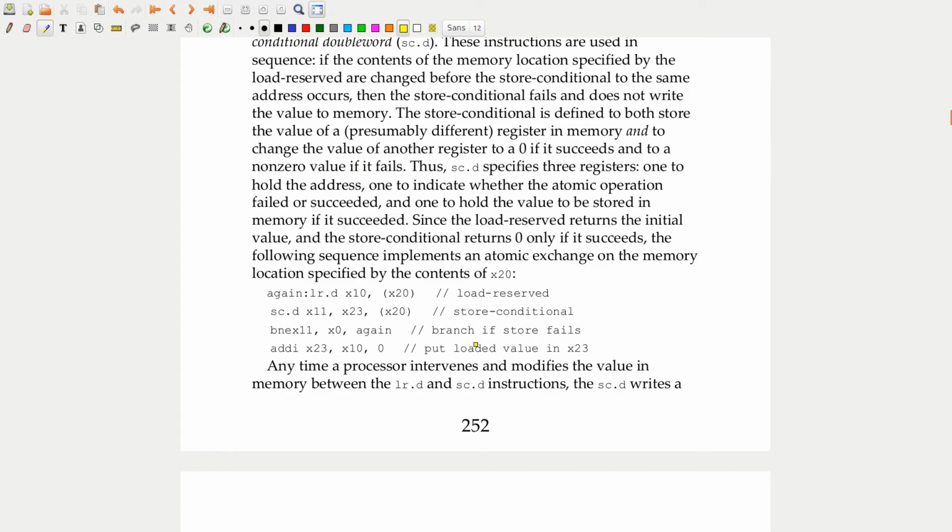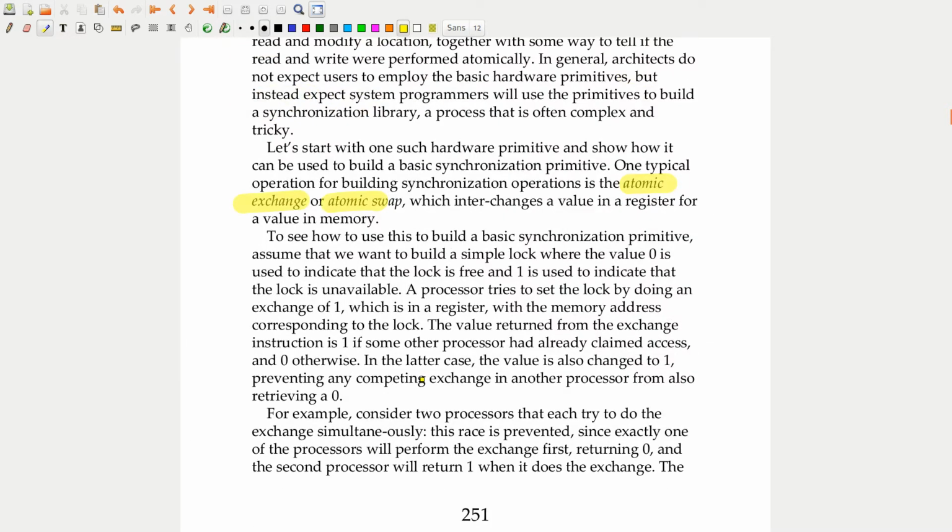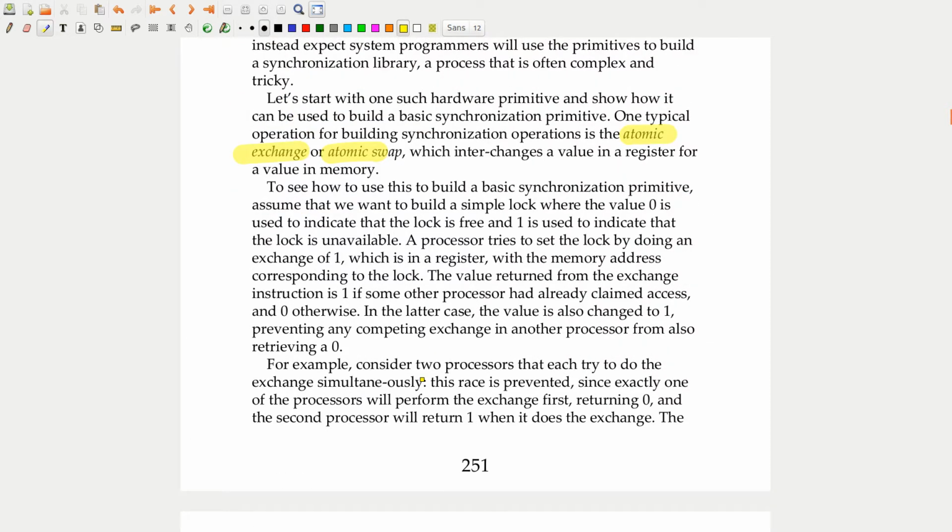Do they talk about it down here? Okay, they don't show it that well. So we want to build a simple lock, and we're going to utilize atomic exchange or atomic swap. A processor tries to set the lock by doing an exchange of 1.